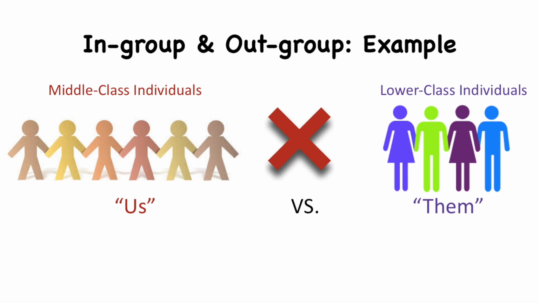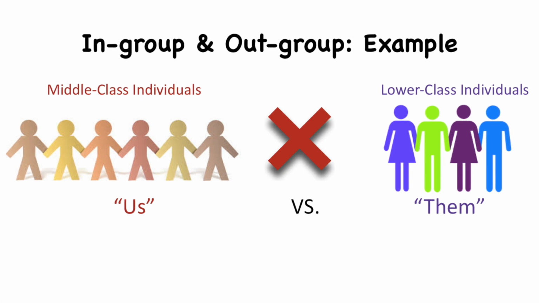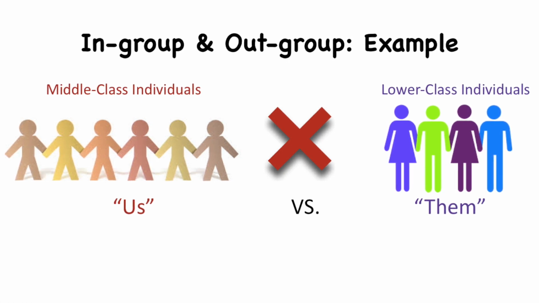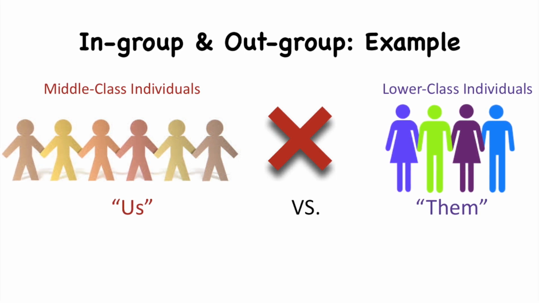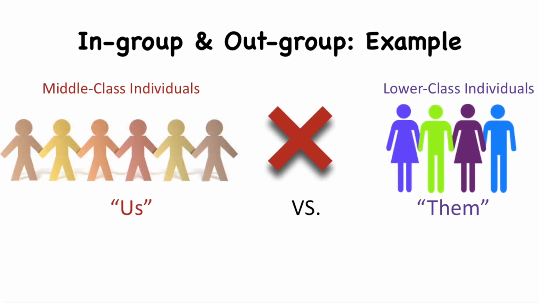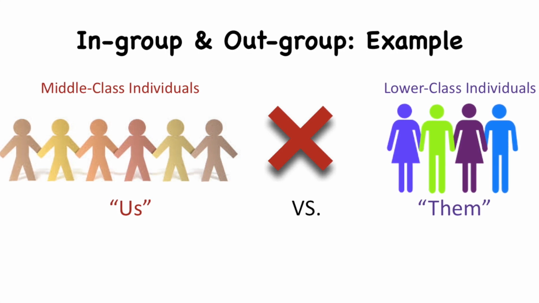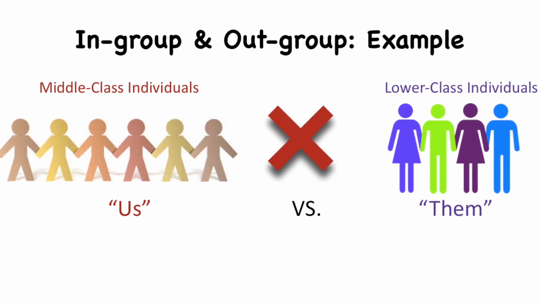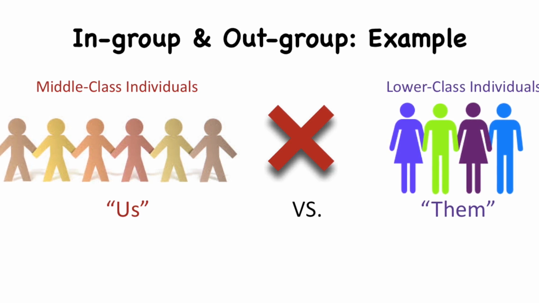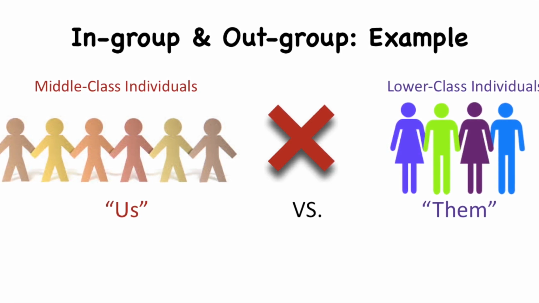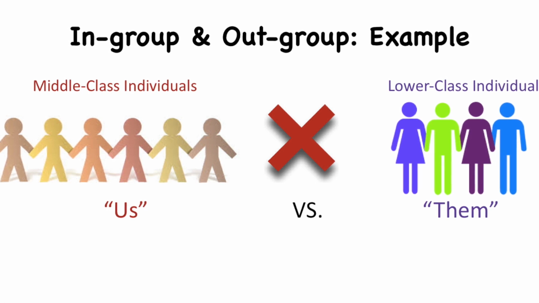For instance, a person may classify themselves as a middle-class individual and believe themselves to be a part of an in-group with other individuals that are also from the same social class. Therefore, this group of middle-class individuals may view the lower class to be part of an out-group because they do not share the same socioeconomic class.